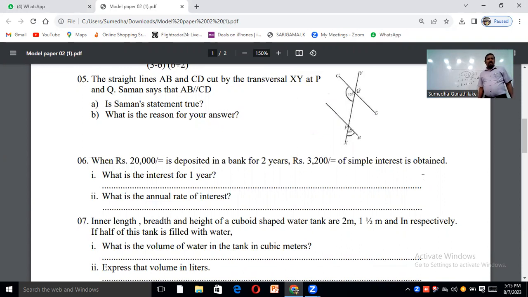Question number 5. The straight lines AB and CD are cut by the transversal XY at P and Q. Someone says that AB is parallel to CD. Is someone's statement true? Give the reason for your answer.